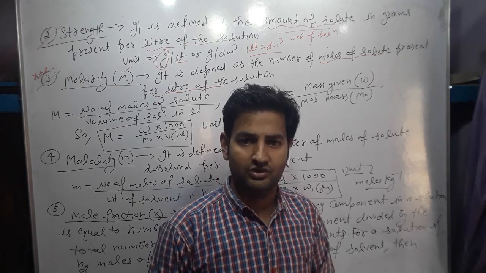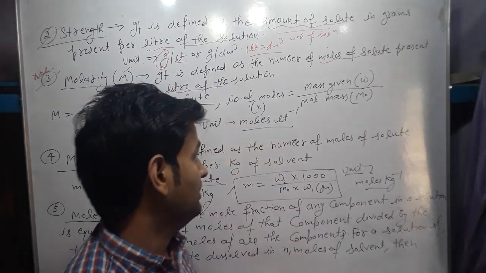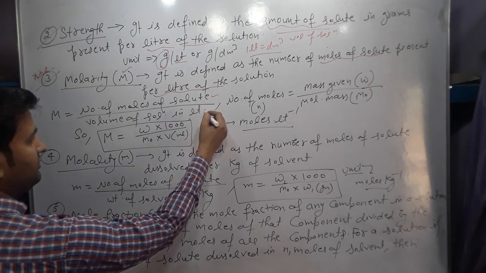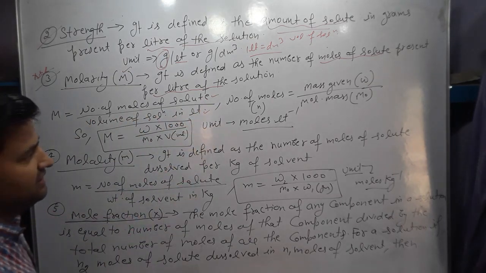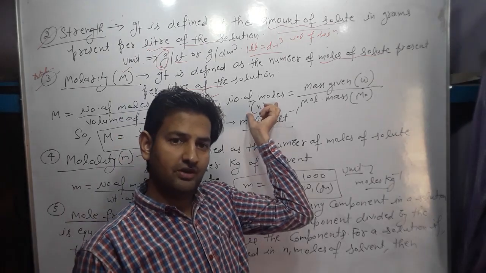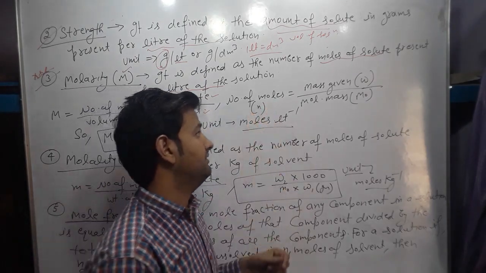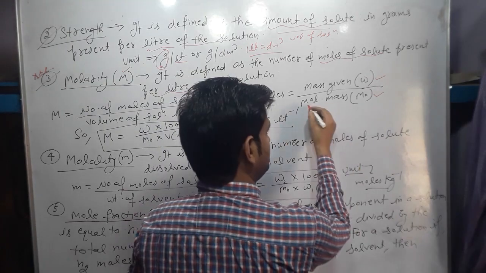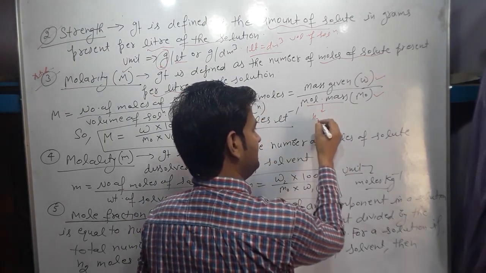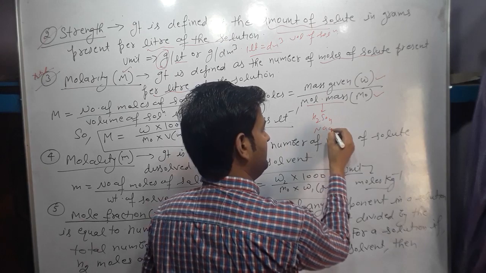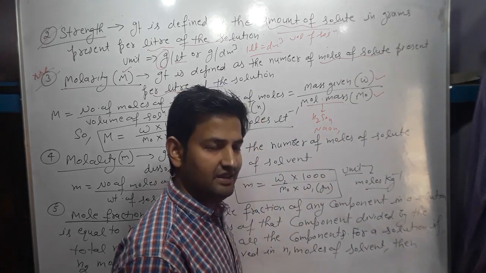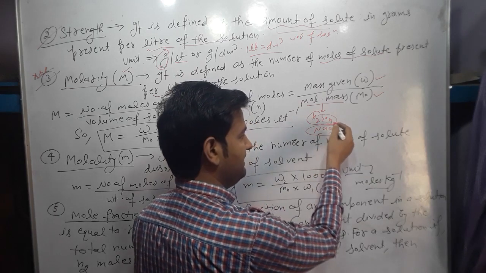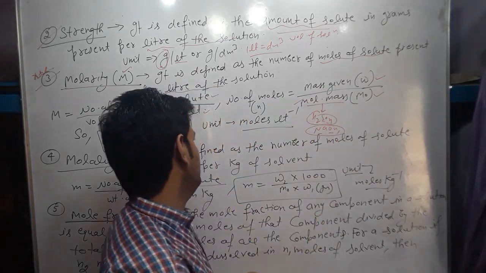So in 1 liter of the solution, the number of moles of solute present is called molarity, represented by capital M. It is the number of moles of solute by volume of solution in liters. How can we calculate the number of moles? It is mass given by molar mass. Molar mass we have calculated, such as in the case of H2SO4, NaOH, or acetic acid; we can take the atomic mass of each atom and add them to calculate the molecular mass.